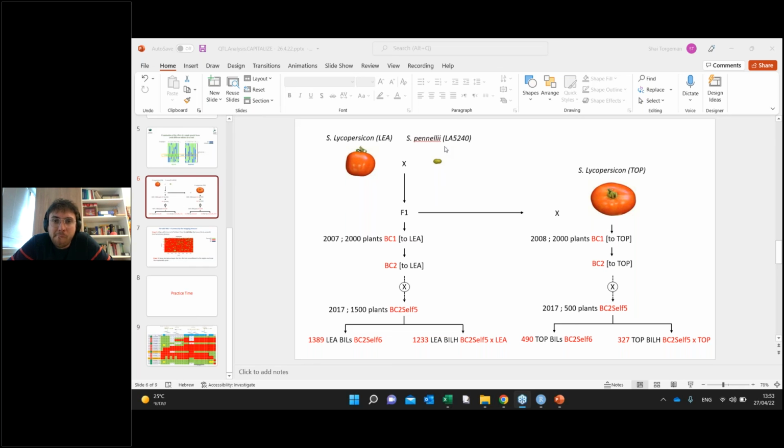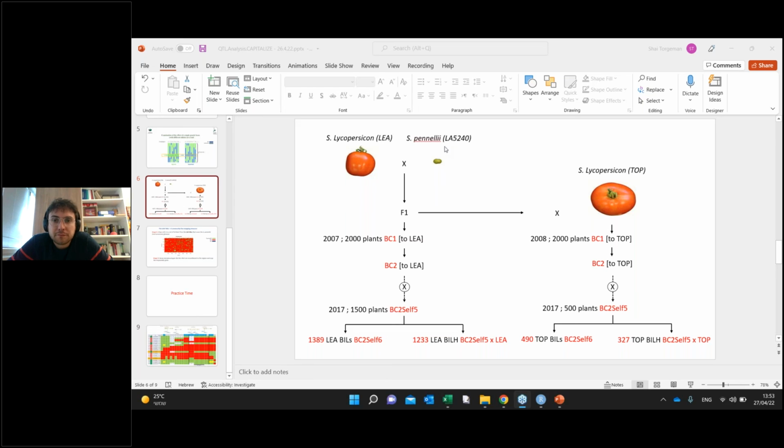And every year we do crosses with another wild species to create more populations, because it's a really useful tool for research and also for breeding. When you have a complete, ready population of BILs, you can grow them and get the same genotype from each line.